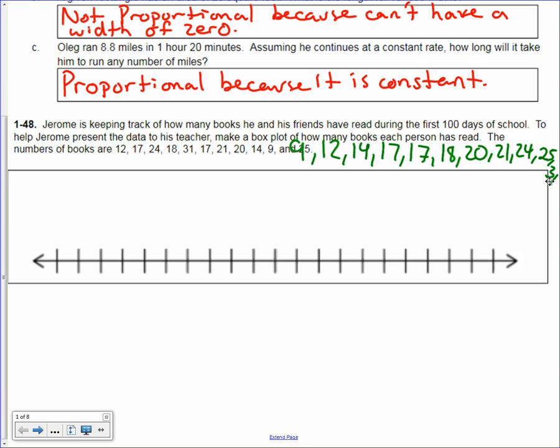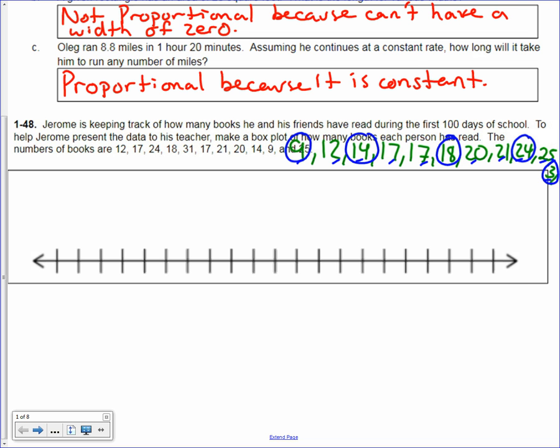Okay, so when I do this, I want to first find my median. So I'm going to go from either side and figure out that my median is 18, then find the median of the lower half. So I go in, it's 14, the median of the upper half is 24, my smallest number and my biggest number.